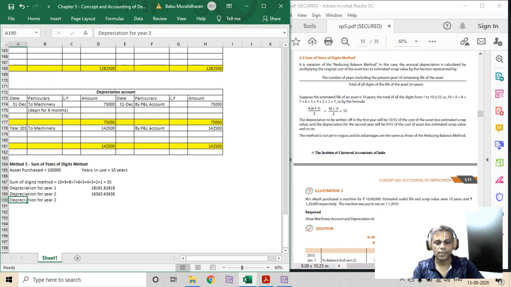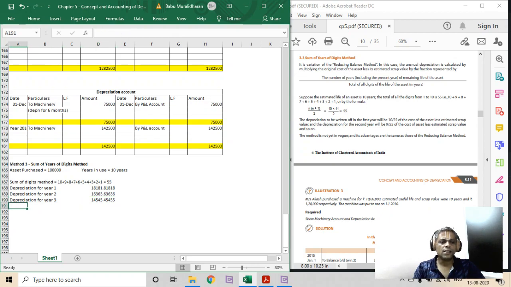Depreciation for year 3 similarly will be, yes, you got it, equal to 1 lakh into 8 by 55. Similarly, depreciation will be charged, and at the end of the life, assuming that there is no residual value, the total value of depreciation will be equal to the total cost of asset. So it will be used for replenishing the asset.